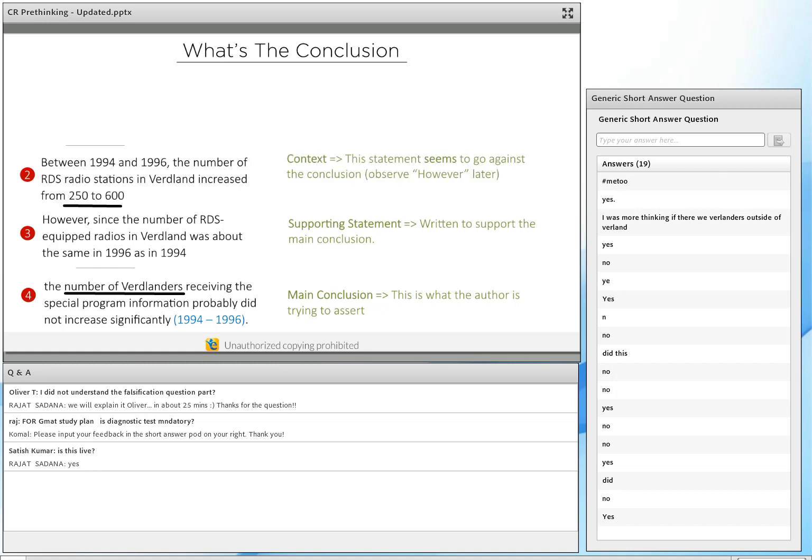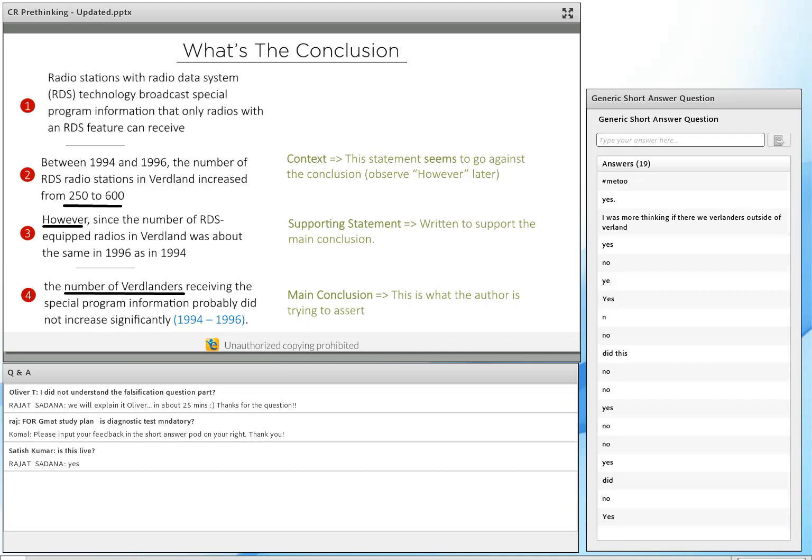Now, because you see a however between them, and you know that statement number 3 supports the conclusion, and statements number 2 and 3 go against one another, which means statement number 2 goes against the conclusion. And then the first statement talks about context, and it says, if you want to receive special program information, then you need two things.